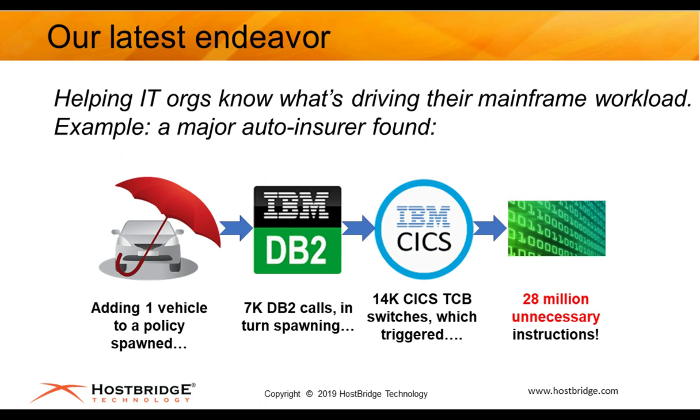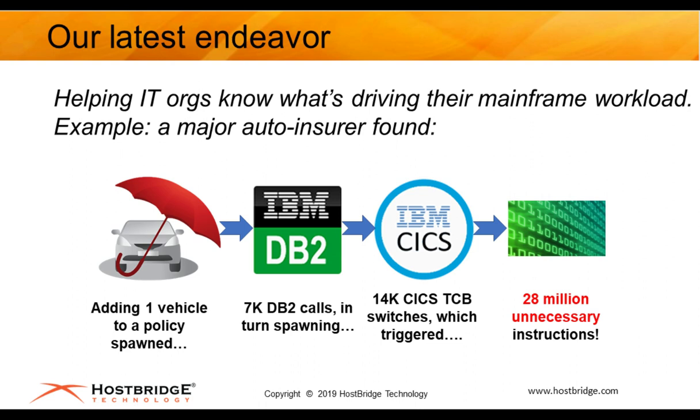Now, using the product that we're going to be talking about today, they were first able to tell that one policy request, in other words, that big unit of business that they wanted to do, add a vehicle to policy, spawned 7,000 DB2 calls inside of various CICS transactions. Furthermore, in looking at that through the data, we were able to surmise that those 7,000 DB2 calls spawned 14,000 TCP switches.